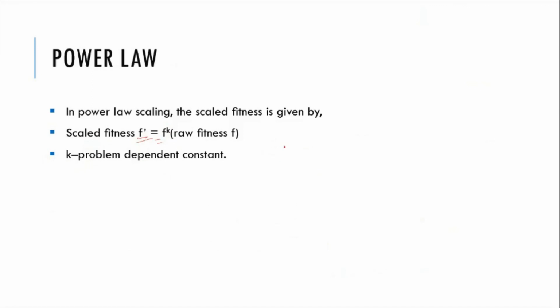It can be any value, but normally it is taken as 1.005. I am not saying in all cases it should be this value, but this value is given in the literature, in the textbook, as a possible value for K.